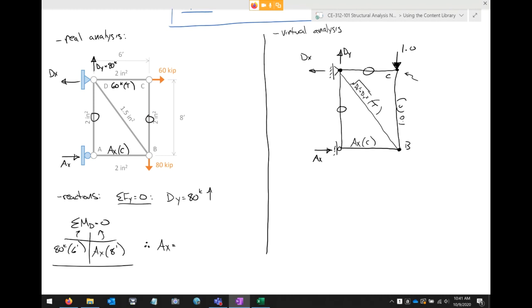80 times 6 equals what times 8? It's 60. 60 kips, and it goes that way. And so this right here, that's AX, is 60 kips.